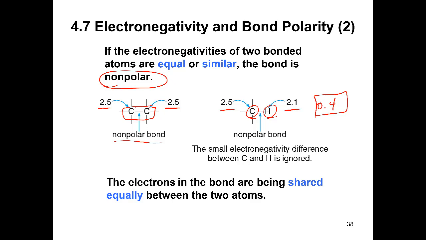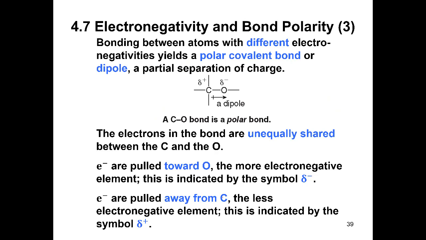So the electrons in the bond that are being shared equally or close to equally between those two atoms is going to create this nonpolar bond. Now, a lot of times in bonding, you're going to have a pretty large difference. If it's greater than 0.5, then we say that it is going to be a polar bond.